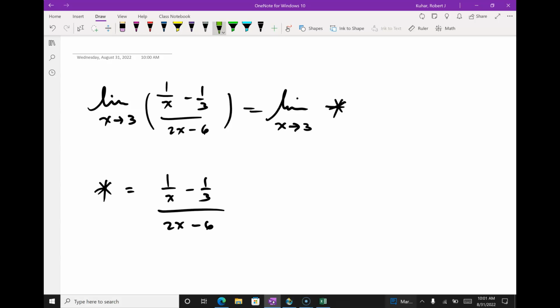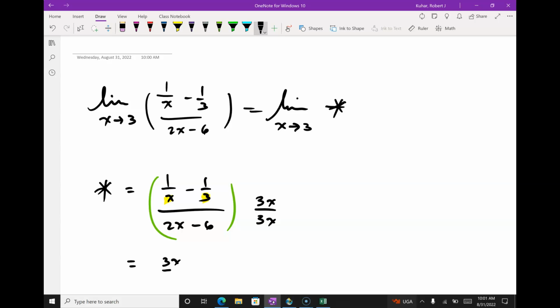In this case, I'm going to get an LCD by taking all my interior denominators and multiplying them together, and then taking that LCD over itself, so it's a 1, right? So you know where I got the 3x from? So then I'm working on this.